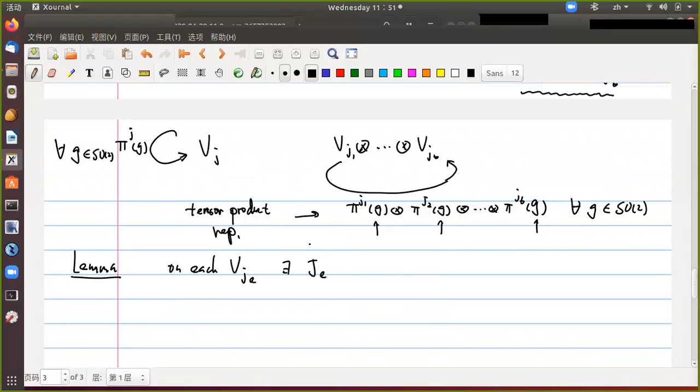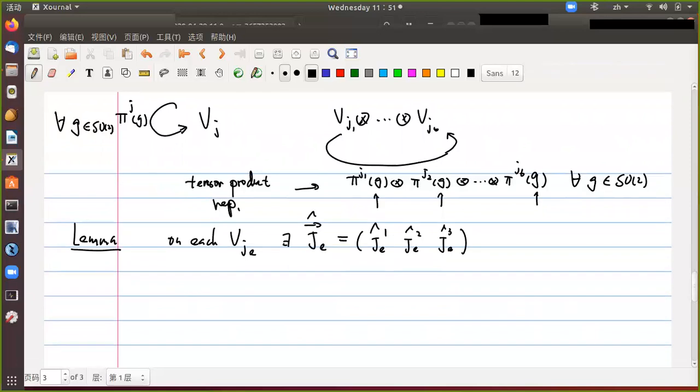So J_e is J_e1 hat, J_e2 hat, and J_e3 hat. Here e is just a label for angular momentum operators, and you have different copies of angular momentum operators on different edges. That's why you have coupling of angular momentum.